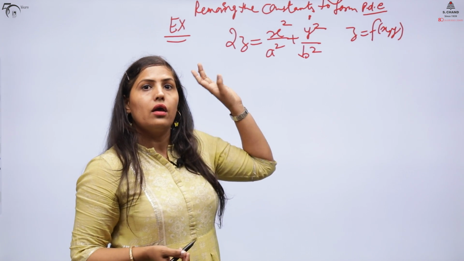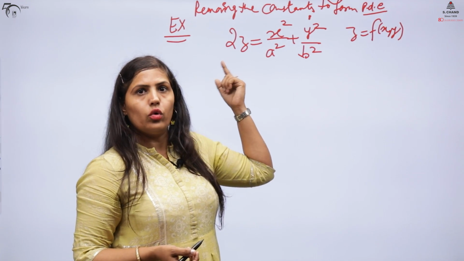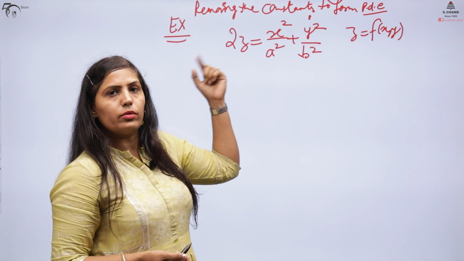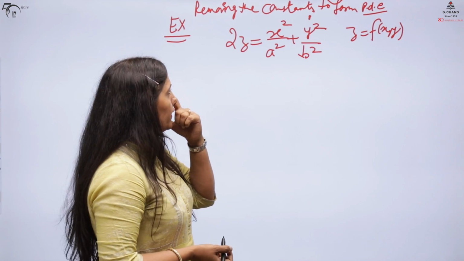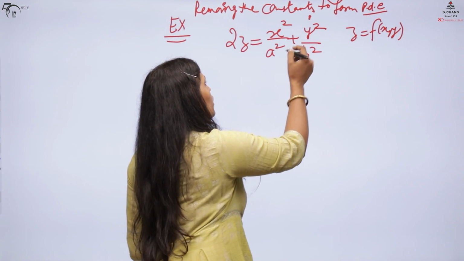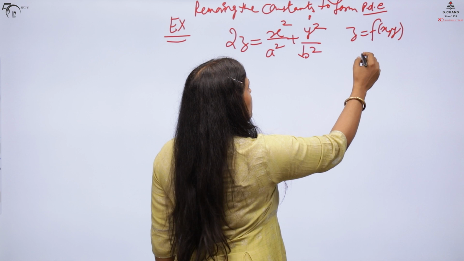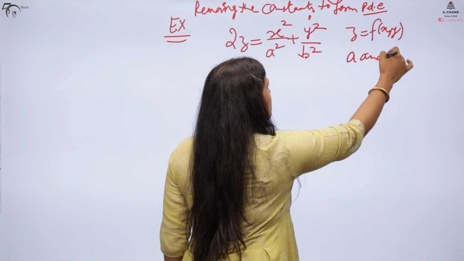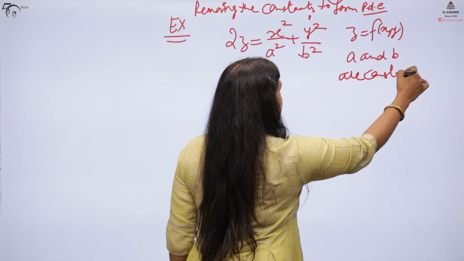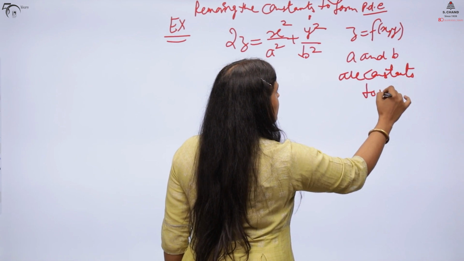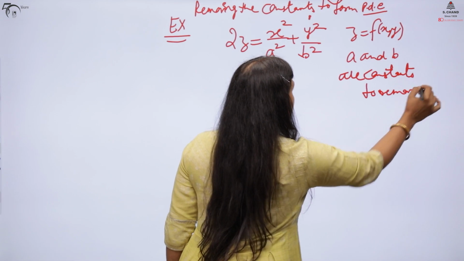Clearly my function is a function of two variables, so it is more than one variable. So, you will differentiate and you will get partial derivatives. So, z is f(x,y), and a and b are the constants to remove. How to remove? Let us see.